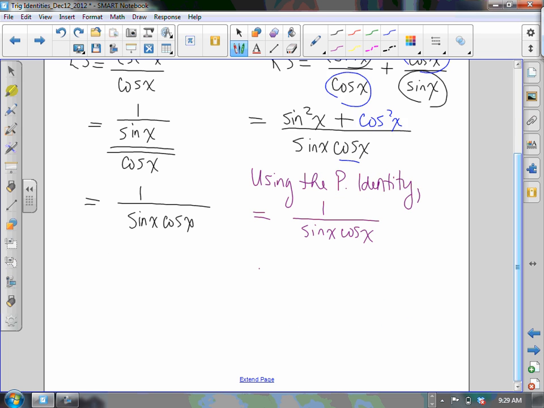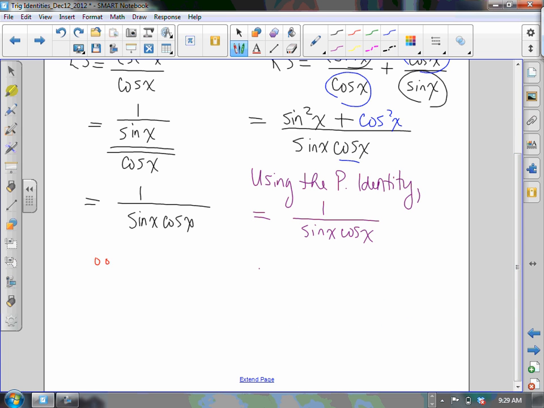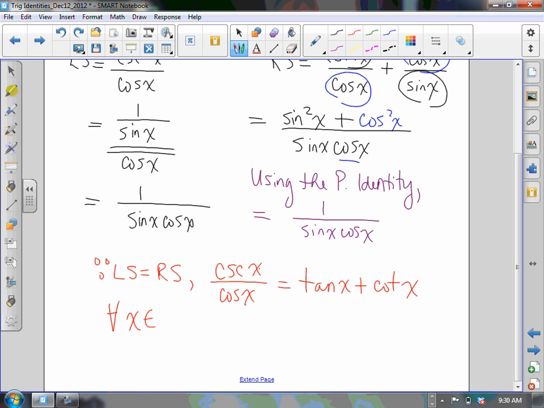And in conclusion, we do have left side equal to right side. So since left side equals right side, cosecant x divided by the cosine of x is equal to tan x plus cotangent of x for all, let's get into some symbols here, for all x values belonging to the real number system.